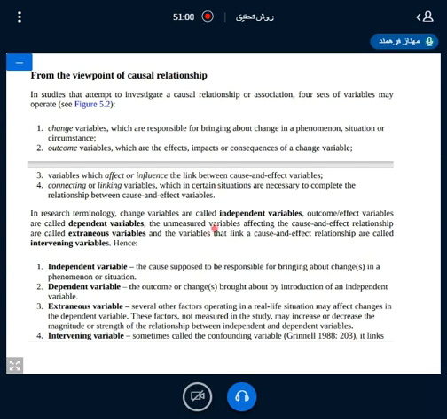Okay, in research terminology, change variables are called independent variables. Okay, so change variables are equal to independent variables. Outcome or effect variables are called dependent variables.